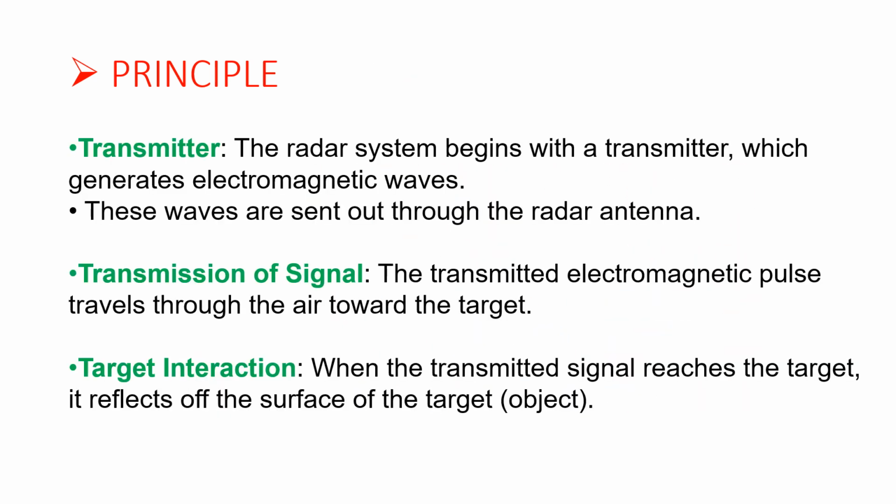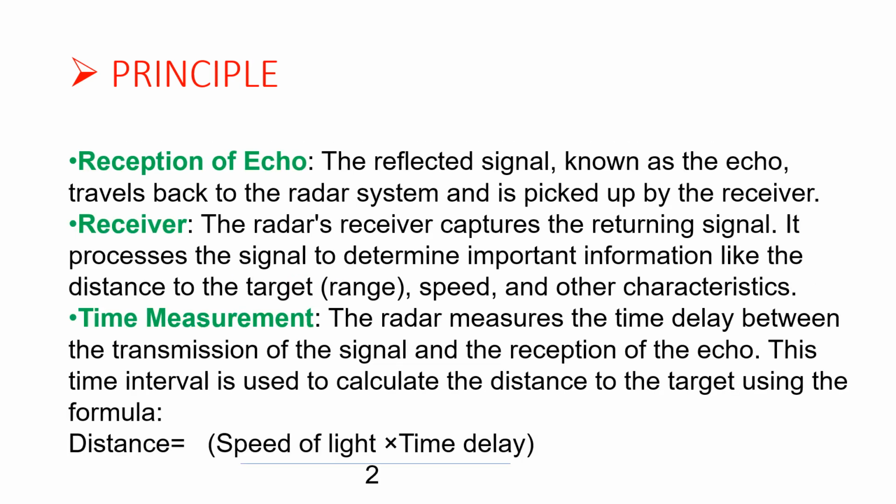So the principle, as I already discussed, includes transmission. It has a transmitter for transmission. Then the transmission of the signal happens, then target interaction, then the reception of the echo. So what is the echo? The reflected signal is known as the echo.